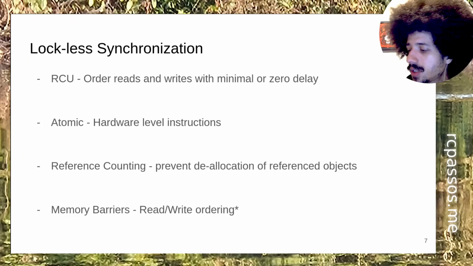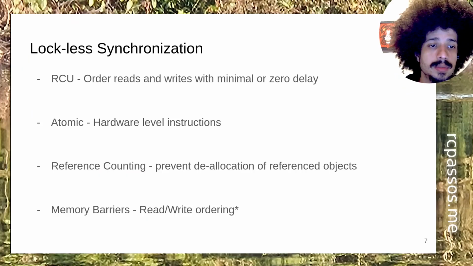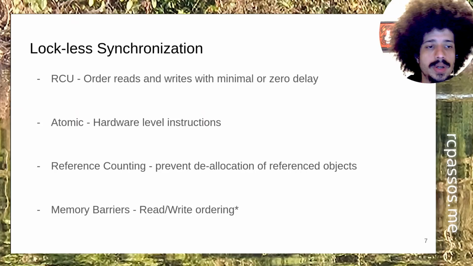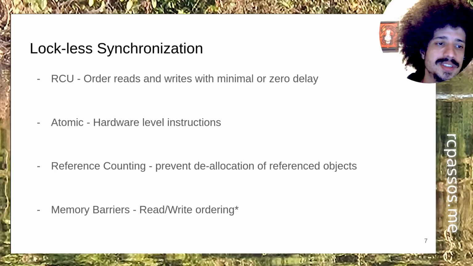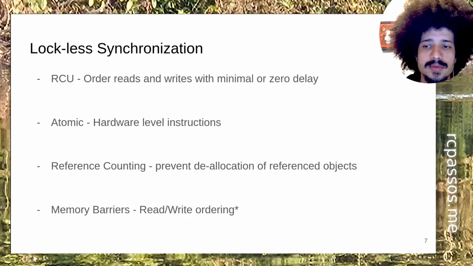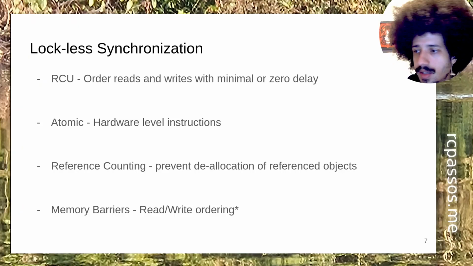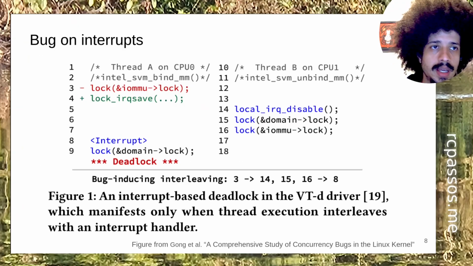And reference counting is another lockless synchronization technique that guarantees the memory will be freed, but only when the last reference to that space of memory is actually dropped. That's why it's called reference counting. We count who's referencing it and eventually we drop it. And lastly, there's memory barriers, which is also about ordering read and write, and I'll explain in detail later.